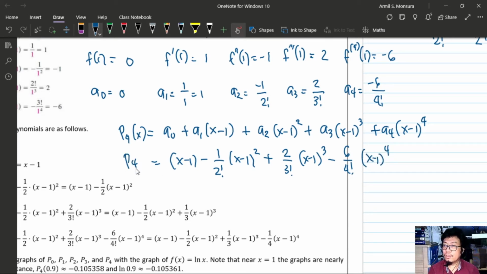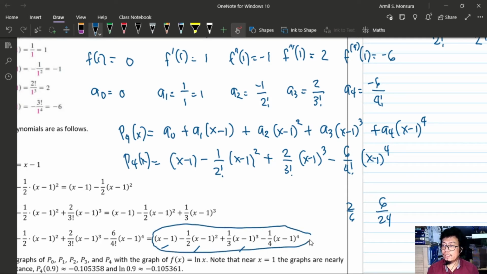That's your P4. Then you can simplify this: 1 over 2 is one half times x minus 1 squared. 2 over 3 factorial is 2 over 6, so that's 1/3 times x minus 1 cubed. Then minus 6 over 4 factorial is 6 over 24, so that's 1/4 times x minus 1 raised to 4. So this is our fourth order Taylor polynomial for ln of x.